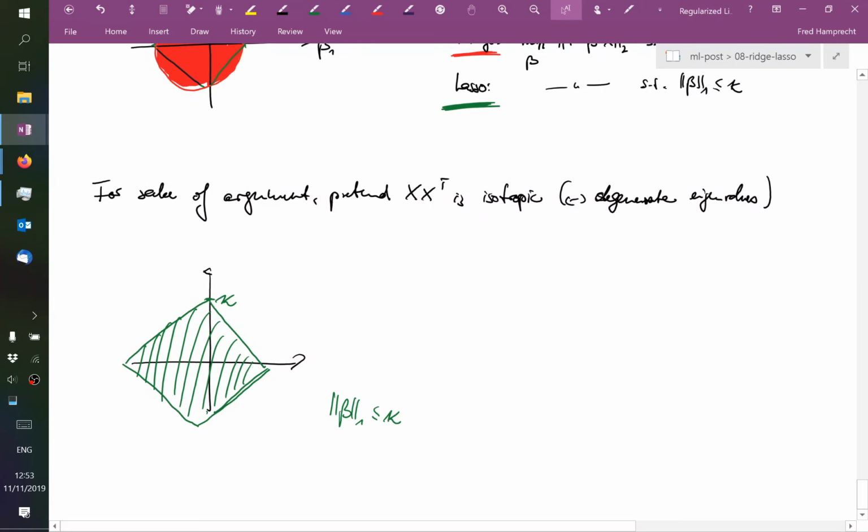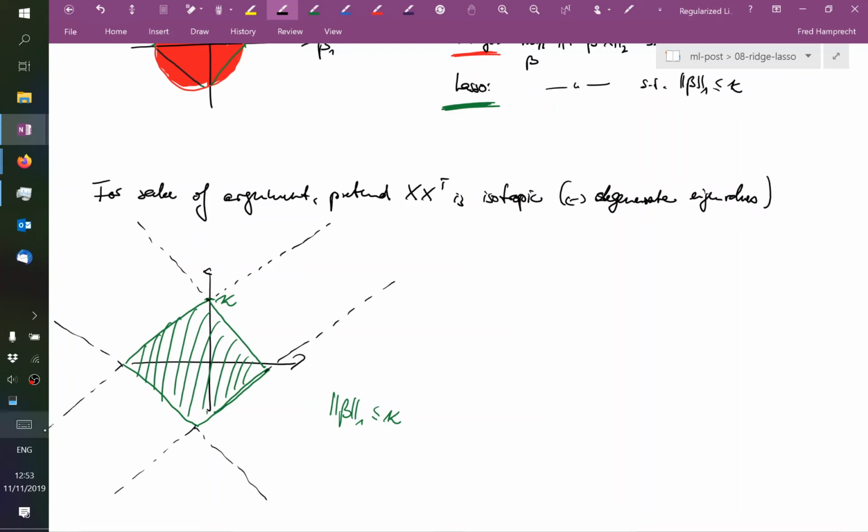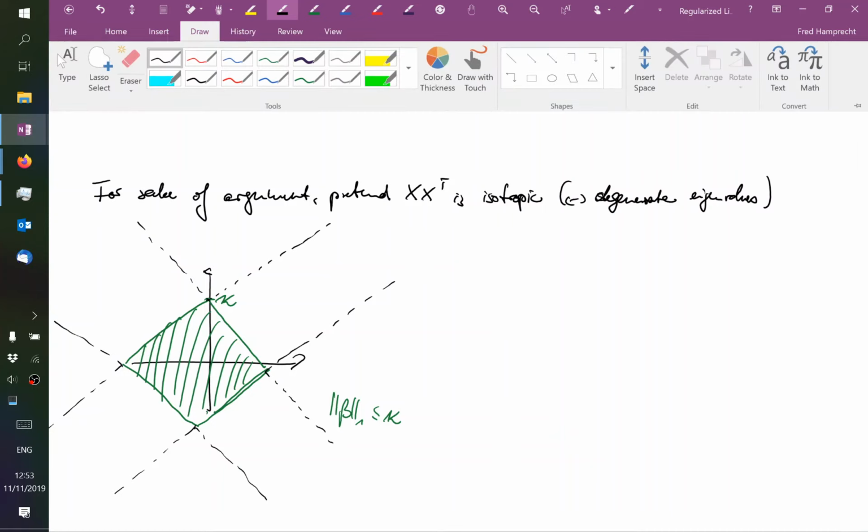Now I can ask where can my solutions beta hat lie such that they will map onto one of the corners of this geometric body. And the solution is as follows. I have these two kinds of regions.